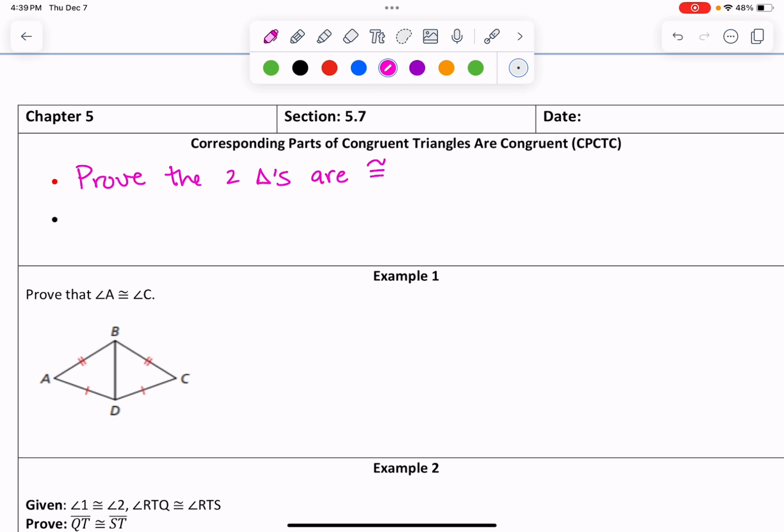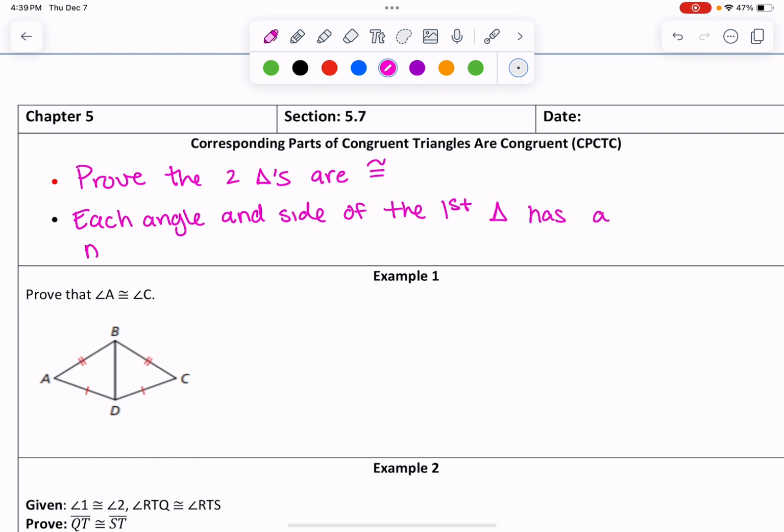Once we've done that, then we can say that each angle and side of the first triangle has a matching pair, or matching angle or side, in the second triangle. So everybody in the first triangle has someone they're equal to in the second triangle.